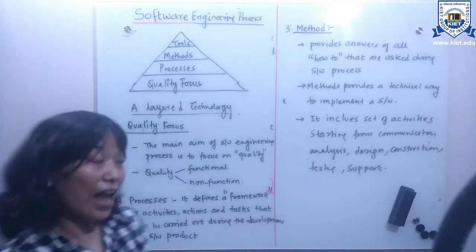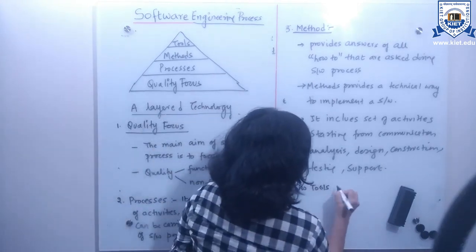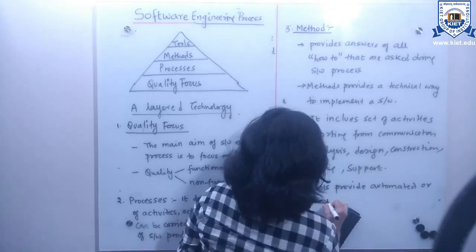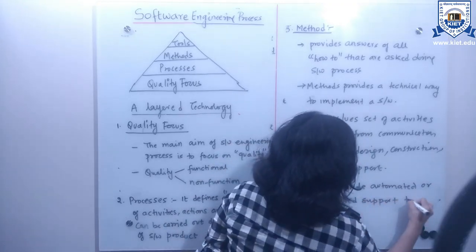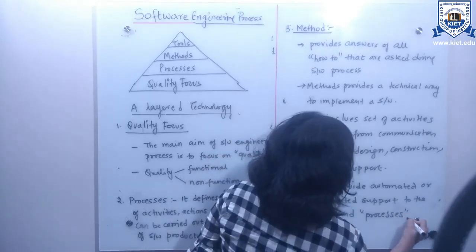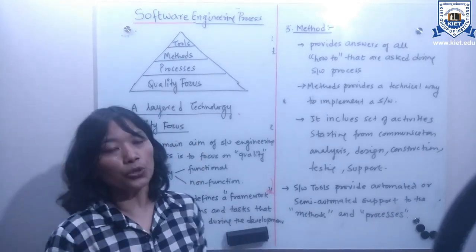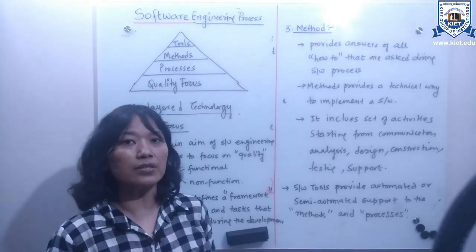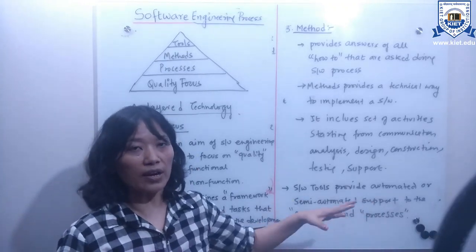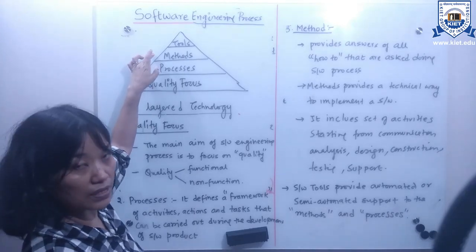So our last layer is tools. Software engineering tools basically provide automated or semi-automated support to the processes or methods.